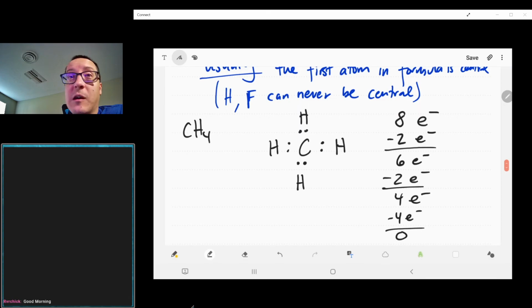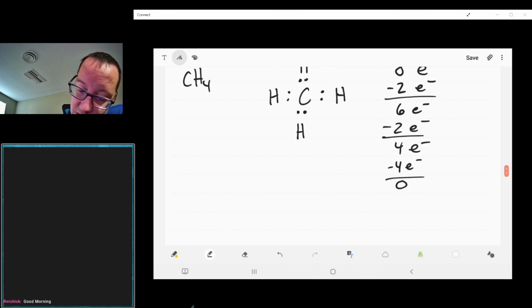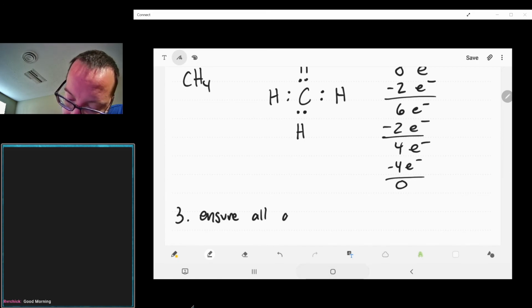We should use up all of our electrons. All right, and so we're actually going to be done with this structure. But technically what we want to do in our third step is ensure all atoms are satisfied.